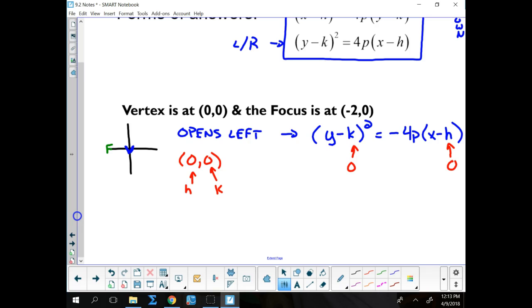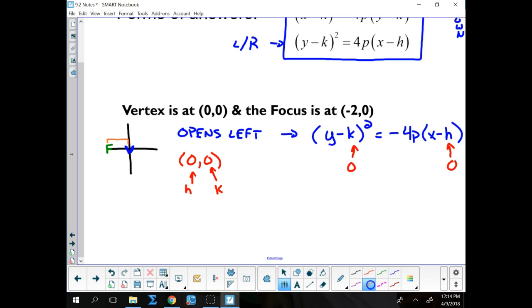What else do I know? What's P, Freddie? What do you got? 2. Because P is the distance from the focus to the vertex, right?